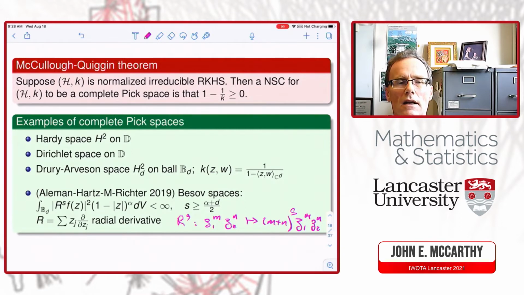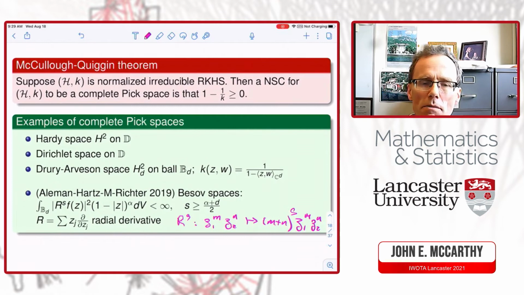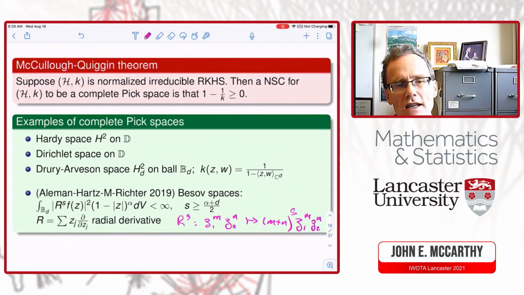The Drury-Arveson space can also be realized as one of these Besov spaces. So one tends to think of spaces where the norm is just defined by an L2 norm as simpler to deal with. If you want the Pick property, for some reason, you seem to need to involve derivatives, which makes the norm less localized in some way.